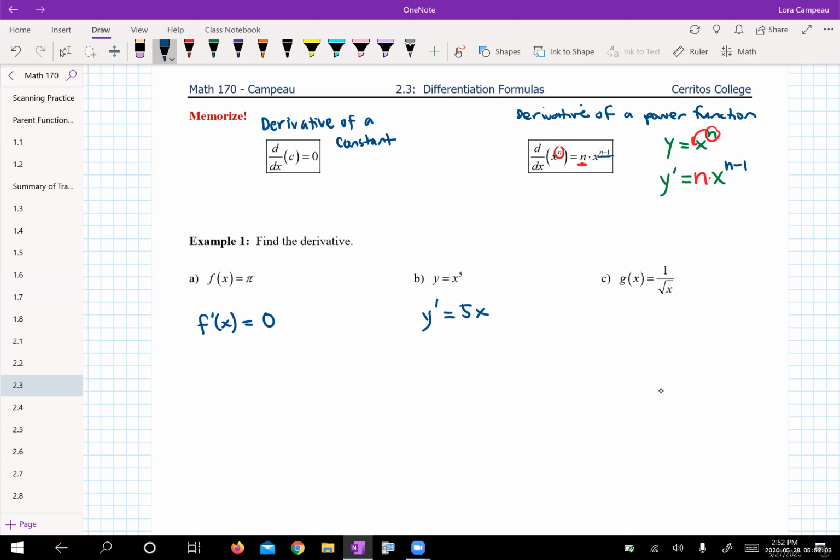Keep the base the same, and we're going to subtract 1 off the power. So 5 minus 1. When these are nice numbers, by the way, we don't have to do this intermediate step. We could just have gotten 5x to the 4th and be perfectly fine. But when you're first learning these things, sometimes it's really useful to show that intermediate step, just to help you get everything in line.